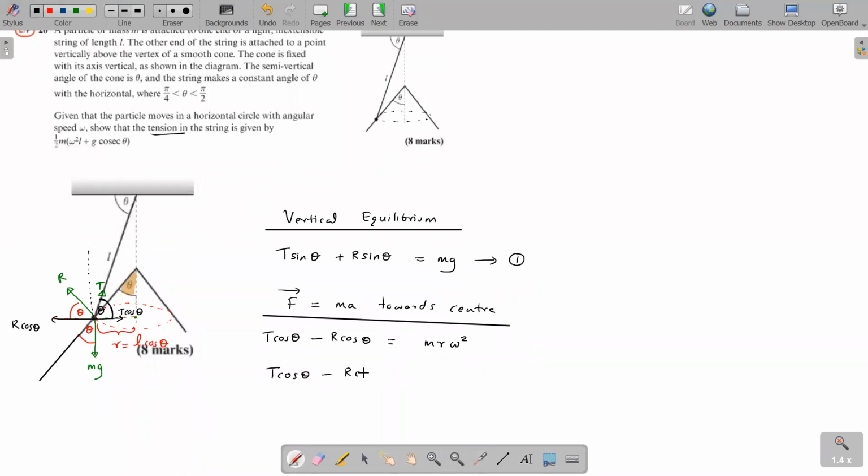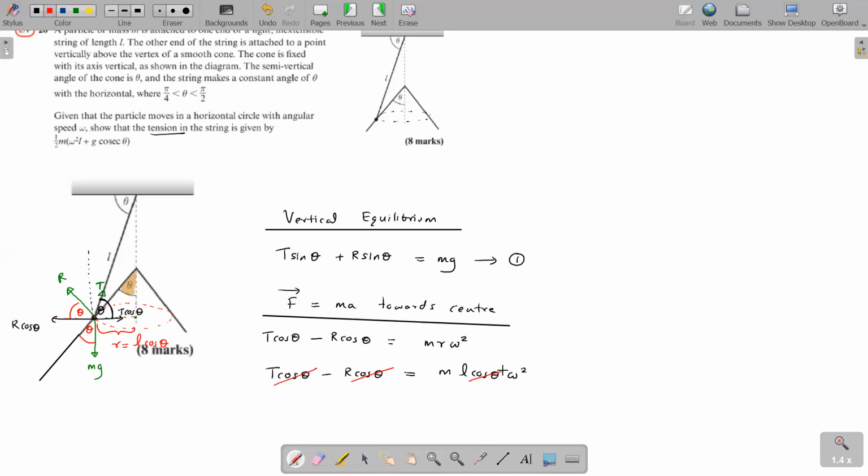So T cos theta minus R cos theta equals m L cos theta times omega squared. This makes things a lot easier because cos theta is common to all three terms: T cos theta, R cos theta, and m L cos theta omega squared.